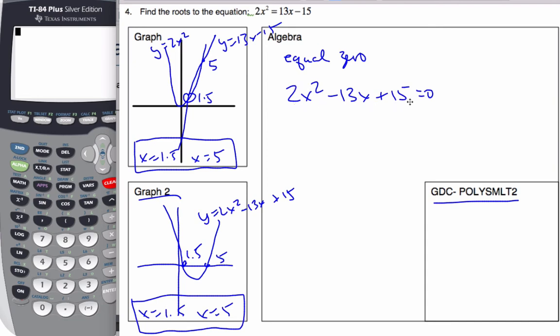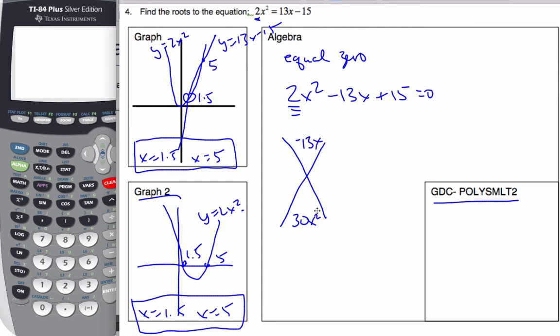Algebraically, if I want to do this method, well, my leading coefficient, the a value, is 2. So I do have to factor it, but I'm going to have to do the big giant process of the x in the box. I multiply 2 and 15 together to get 30x squared and negative 13x.